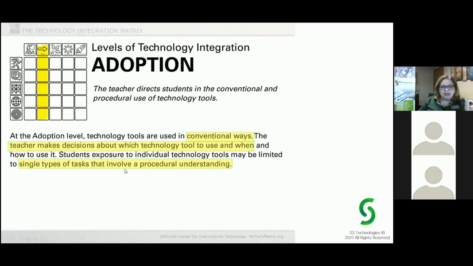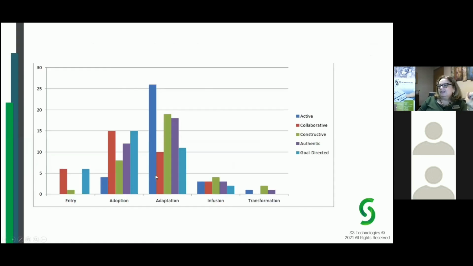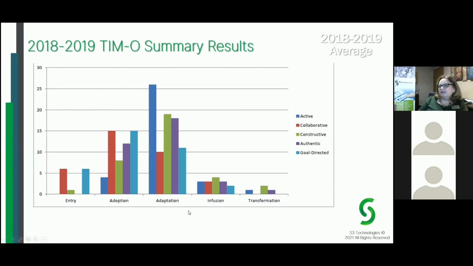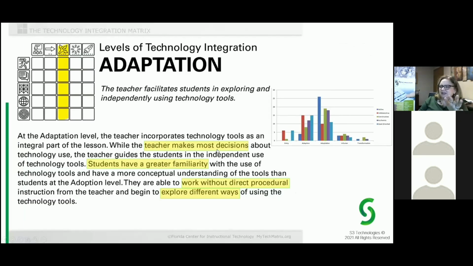It's single type tasks. And then we're looking at the 2018, 2019 average, which was more of the adaptation. So now we're seeing they're still making most of the decisions, but students have more familiarity. They're working without direct procedural step-by-step instruction, and they're exploring different ways to use technology. So there is some exploration involved.